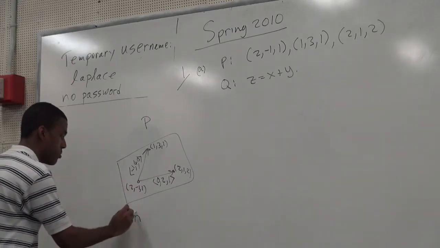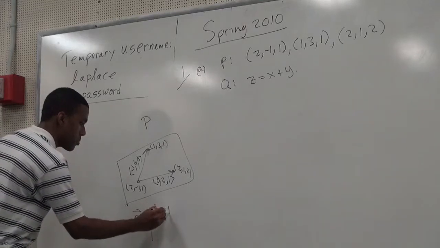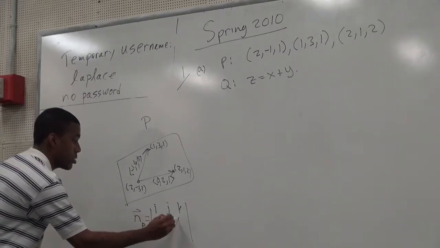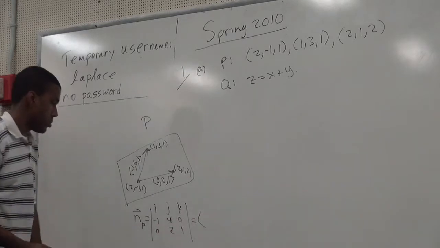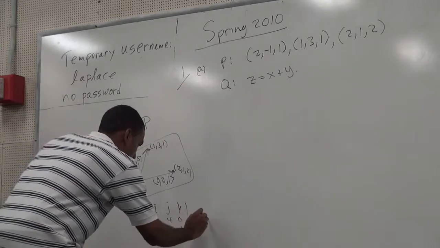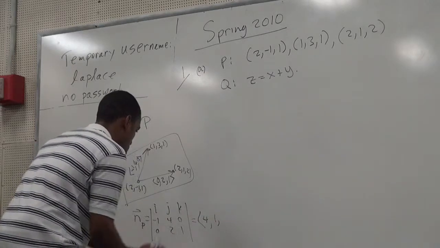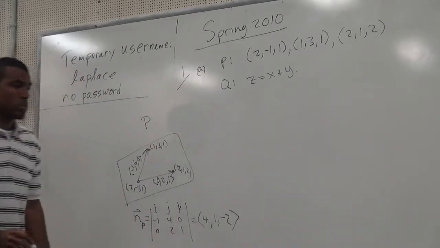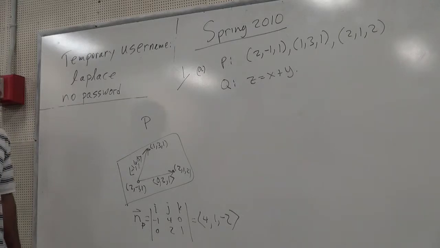And so the normal vector for P is actually going to be the cross product of -1, 4, 0 and 0, 2, 1, which is 4, comma, 1, comma, -2. Right? Did you get that? Okay, so that's our normal vector for that.